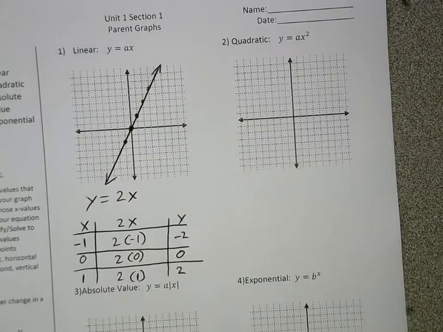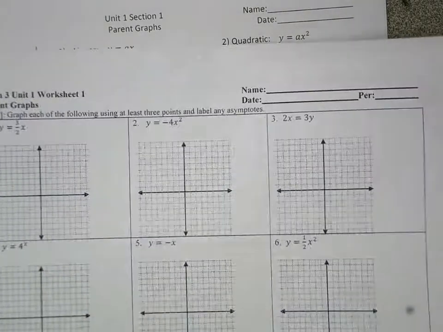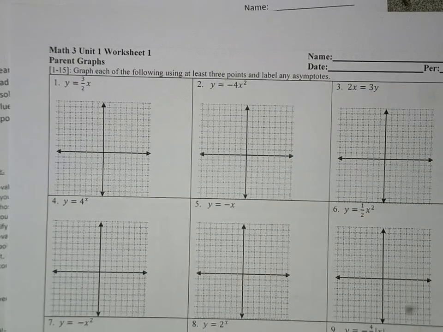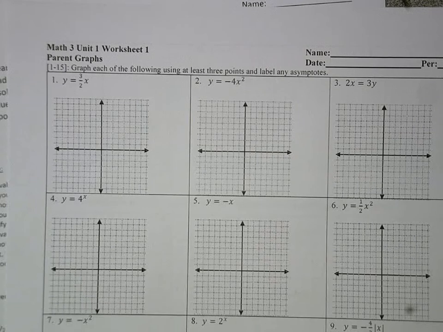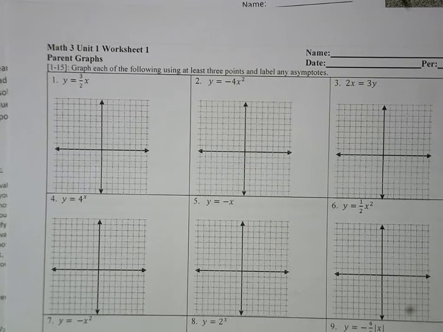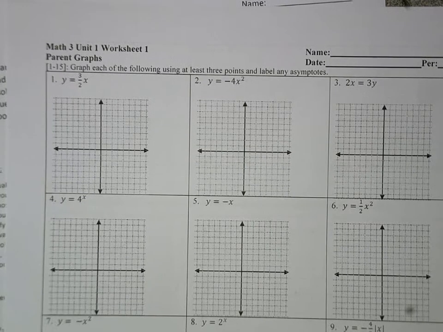Go ahead and grab your homework packets and look at the very first homework problem. Number 1. Y equals 3 over 2x. So you've got a fraction there, but you can graph it the same way.